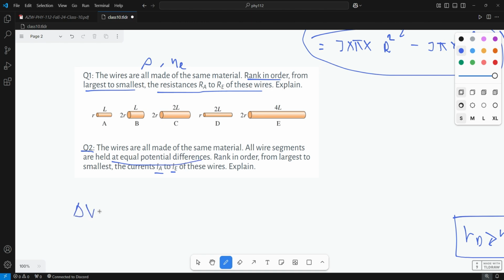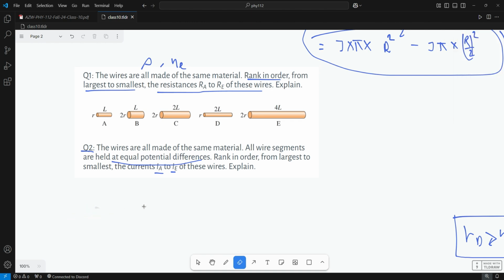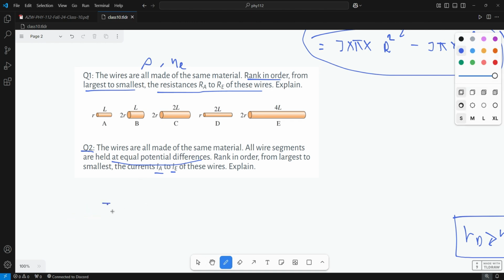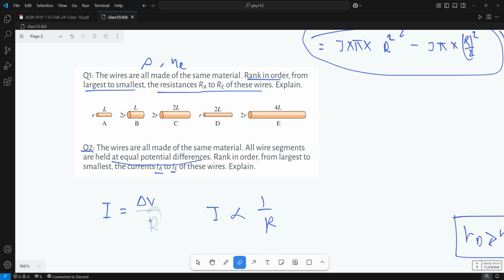So delta V is constant for all cases. We know that I is equal to delta V by R. So as delta V is constant, I is proportional to 1 by R. So the greater the resistance, the less the current, which makes sense.